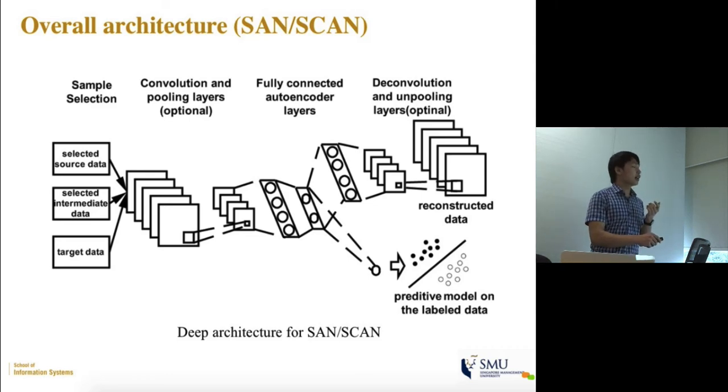So this one is optional. If you have the feature vectors at the beginning, then you don't need this one. But if you have the original photos, then you can feed them through this one first before you feed the feature vector to the autoencoder.